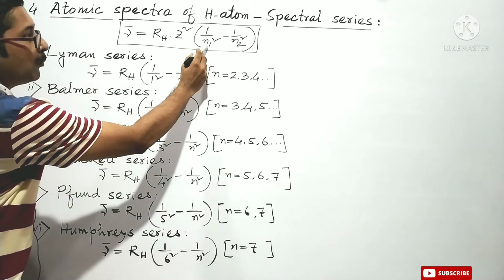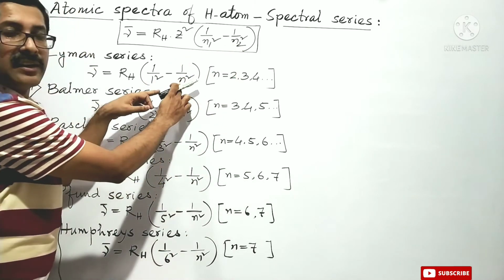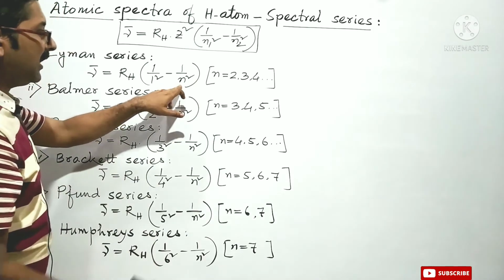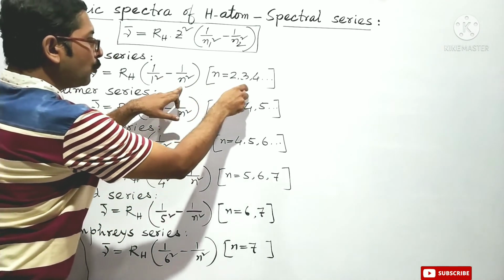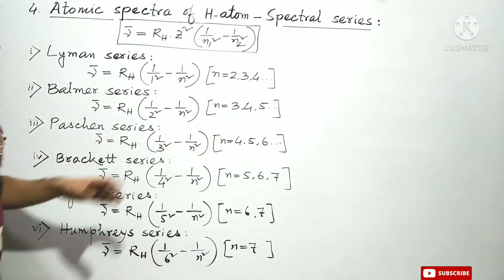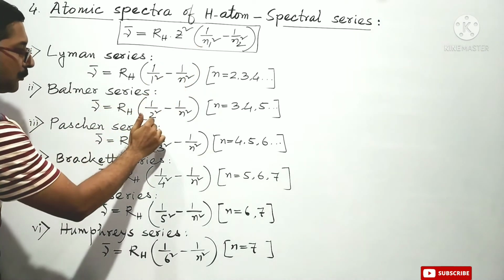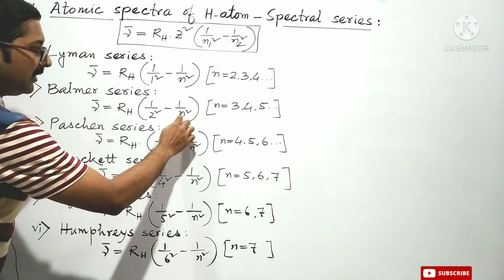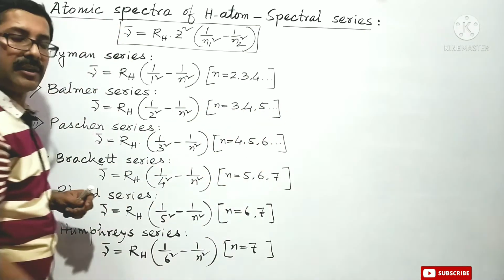So the value of n1 is 1 here, and the value of n2 is n here, generally written as n. So the value of n is greater than 1, that is 2, 3, 4, 5, etc., positive whole numbers, right? And for the Balmer series, this n1 is 2 and this n2 is n, where the value of n is greater than 2, that is 3, 4, 5, etc.